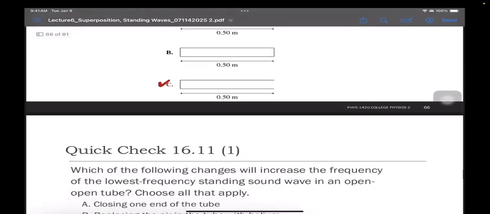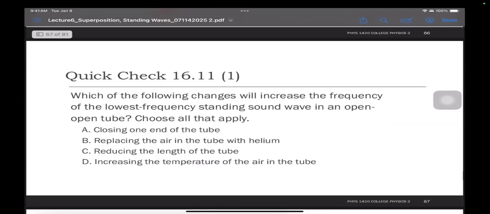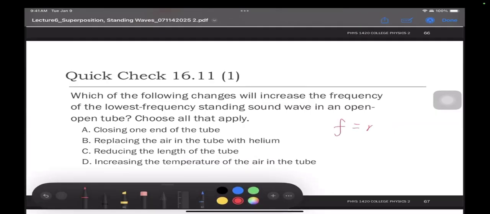Okay. Let's talk about the other one. Which of the following changes will increase the frequency of the lowest frequency standing sound wave in an open tube? Choose all that apply. For this one, we need to write the open tube frequency. It is f = nv divided by 2L.